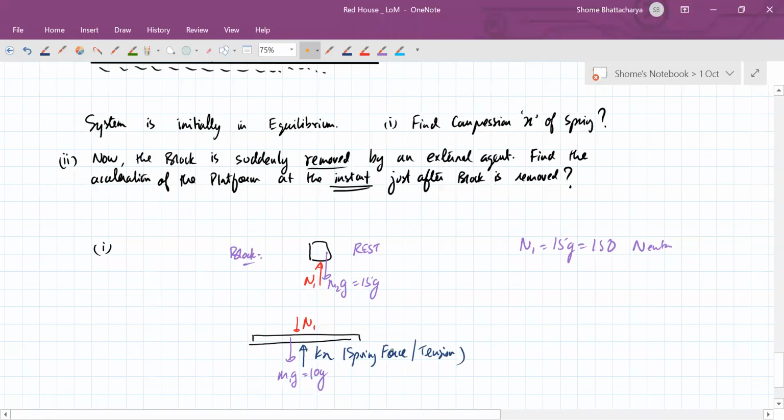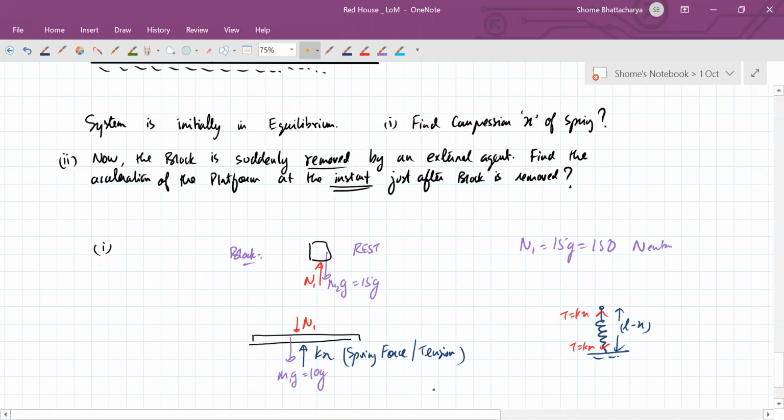So the spring is in a compressed state, at L minus x kind of state. So that's why it applies tension or spring force like this on either of its ends.